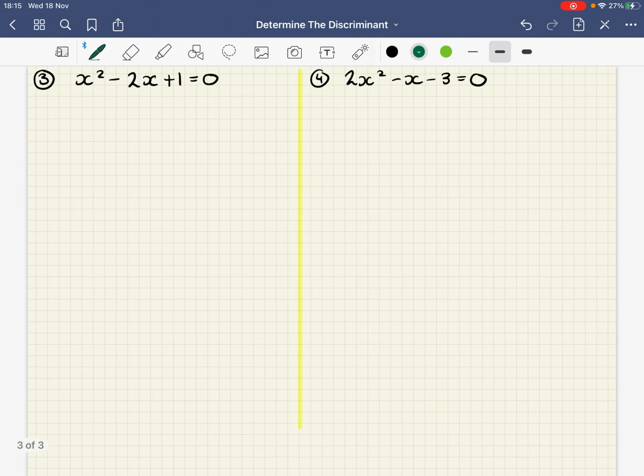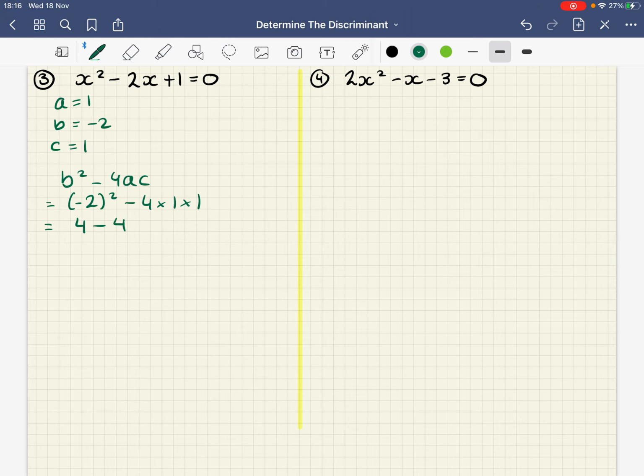Okay, let's take a look at these two here then. So same idea. My a is 1, b is -2, and c is 1. So putting that in my formula of b squared minus 4ac, that's going to be -2 squared minus 4 times 1 times 1. -2 squared, that's 4.